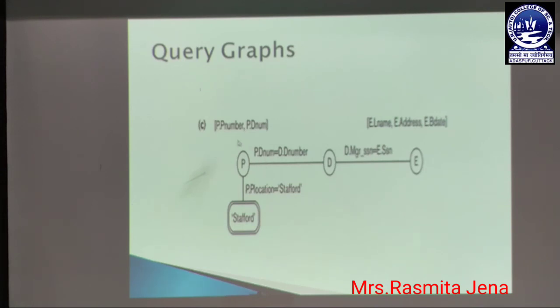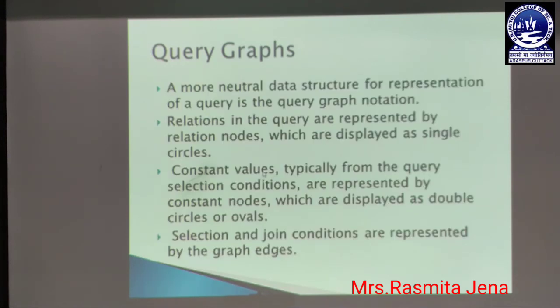As per our discussion of the query graph, the input relations, that is project, department and employee, are represented as simple single circles. The constant value on which the selection condition is performed is represented by a double circle or oval. The selection condition P location equals Stafford is represented as the constant node, displayed as a double circle or oval.